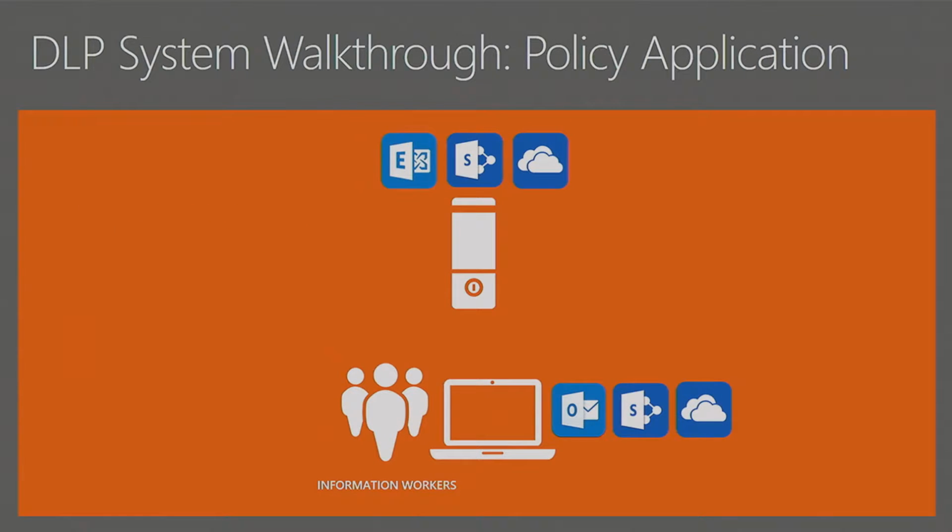All right, so let's take a look at this from a different perspective, and now policy application. So now we've configured the policies, they're automatically distributed. We have users who are actually using the system, and we start off with our end users who are working in their productivity apps, again, Outlook or SharePoint, and we provide those rich experiences right in those apps.